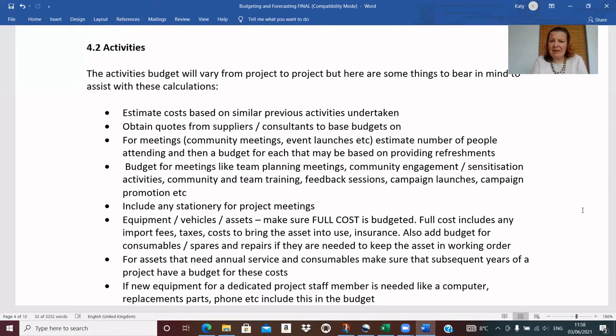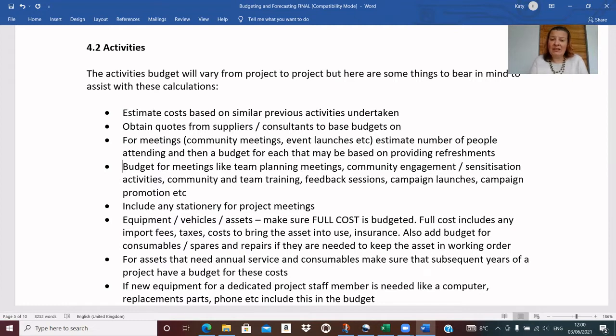For meetings, we can estimate the number of people and then budget by person, maybe on providing refreshments, providing stationery, etc. I've just included a bullet point here on the types of meetings we might include in our budget: team planning, community engagement and sensitisation, community and team training, feedback sessions, campaign launches, campaign promotion, maybe even report writing sessions. All of those are valid activities to ensure that the project is delivered. We can include our stationery for any of those project meetings.